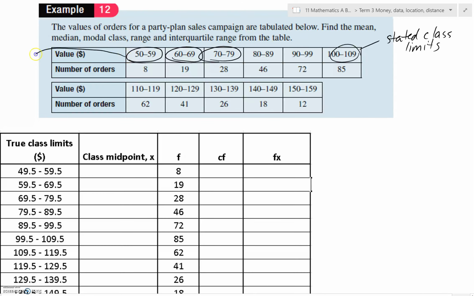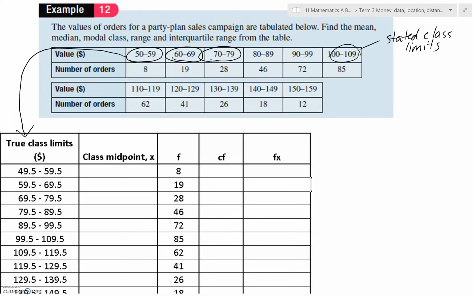If you have a look down here on the table, I've already set up what would be considered the true class limits for you. So $50 to $59 would really include any order that was valued from $49.50 up to $59.50. If an order costs more than $49.50 and we're rounding to whole dollars, which is really what it's talking about here, we would round that up to $50.